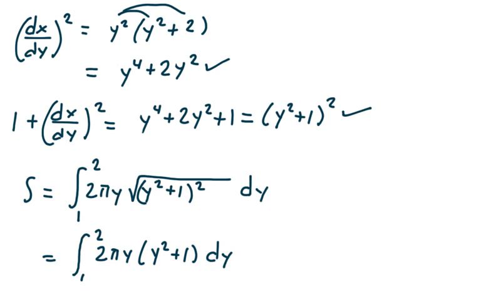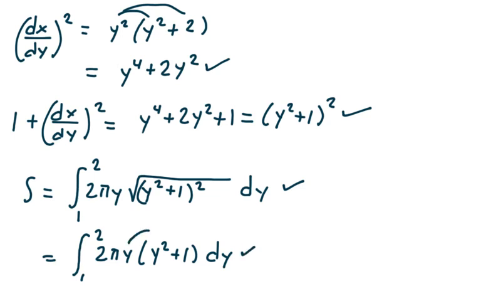Now I get to plug stuff in. So S is the integral from 1 to 2 of 2 pi y, and we use y because we're integrating with respect to y. And then we're going to multiply by the square root of (y squared plus 1) to the second dy. But this is the integral from 1 to 2 of 2 pi y times the quantity y squared plus 1 dy.